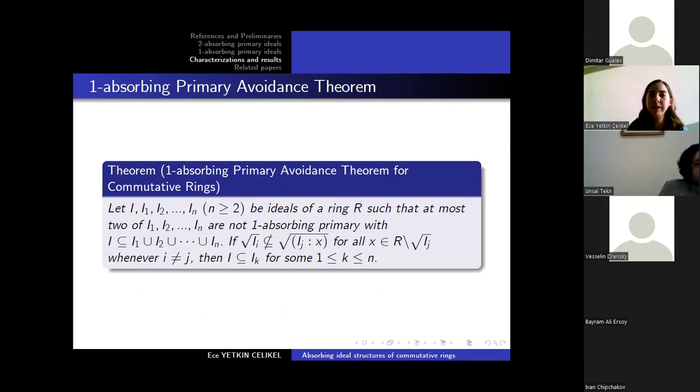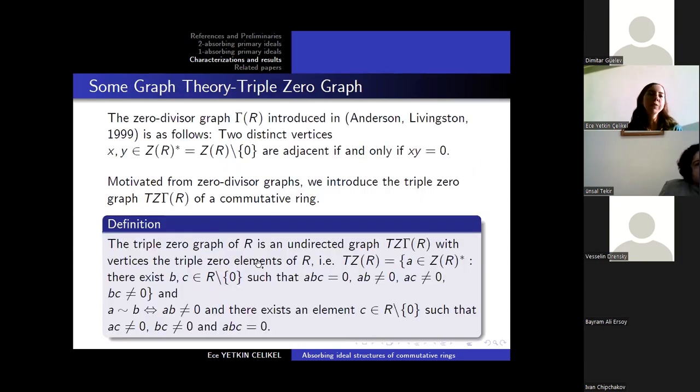If you have these ideals, such that at most 2 of them are not one absorbing primary, with I a subset of this union, then we can say that I is a subset of one of the ideals.